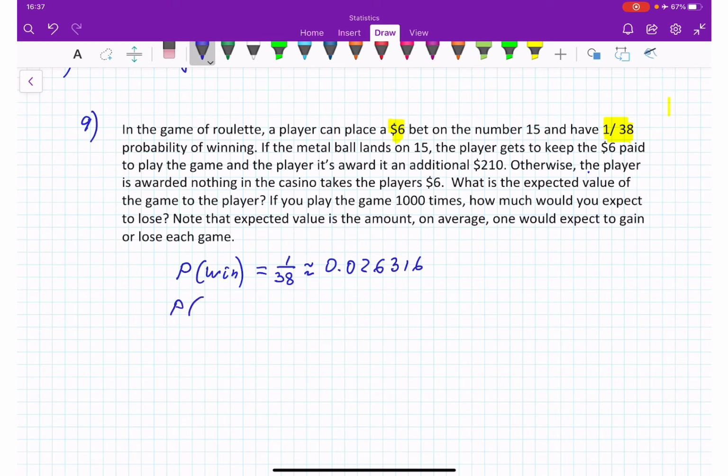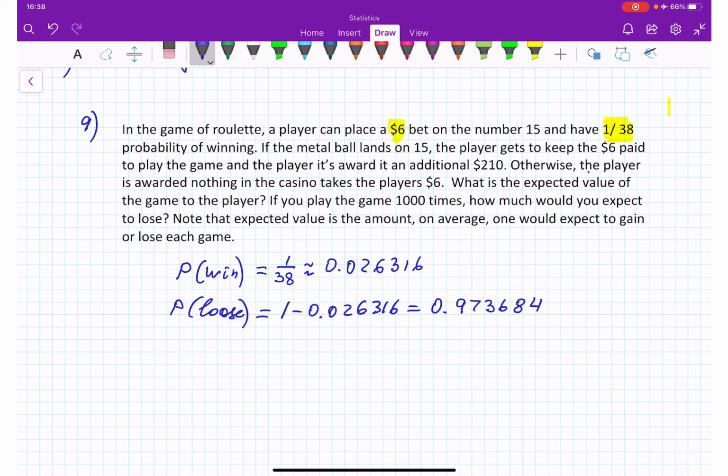Accordingly, probability of losing is going to be 1 minus 0.026316, and that will be equal to 0.973684. So it's placing a $6 bet and having a 1/38 probability of winning.